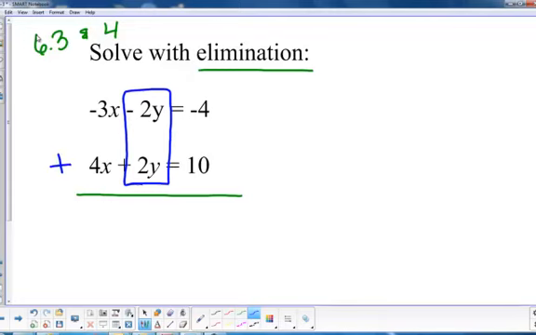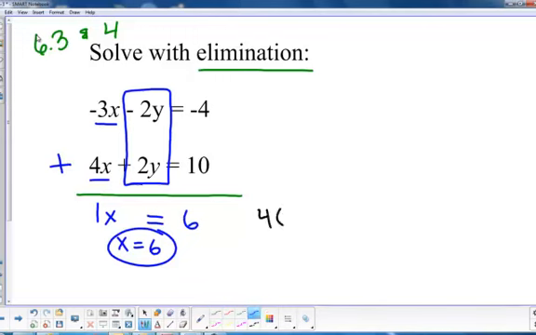And in this case, we would eliminate this through addition. So if we literally add the top to the bottom, negative 3x plus 4x is 1x. This cancels out, and then we get negative 4 plus 10, which is 6. So x equals 6. And then you pick which equation looks more enjoyable to work with. I'm going to pick the bottom one.